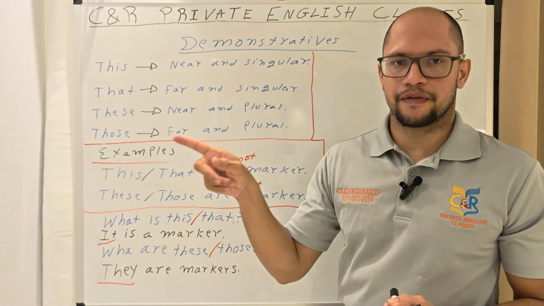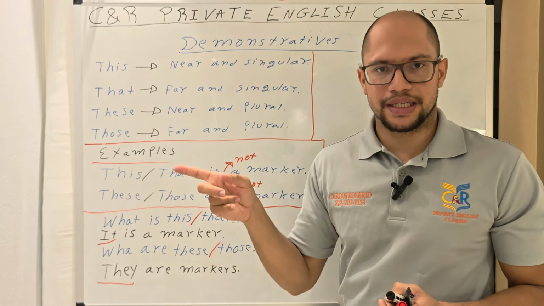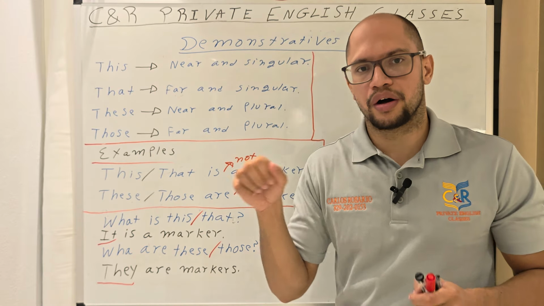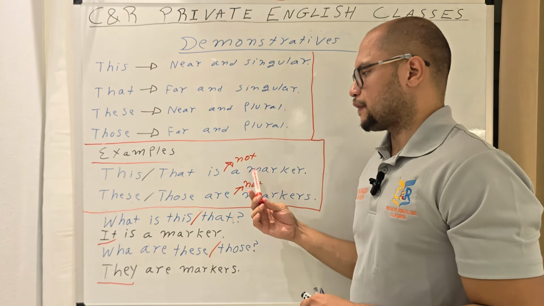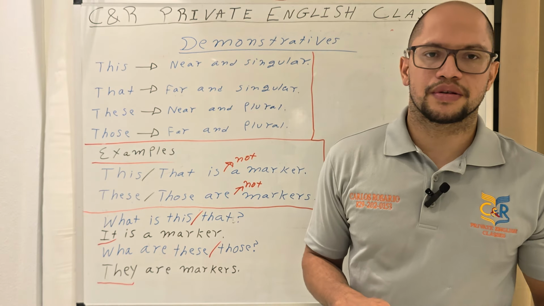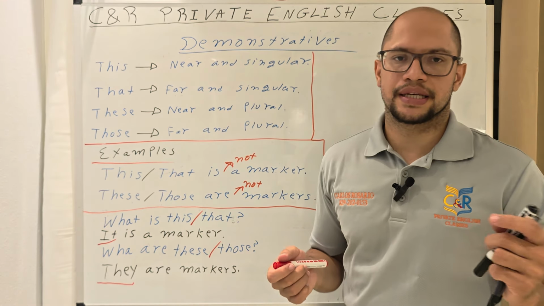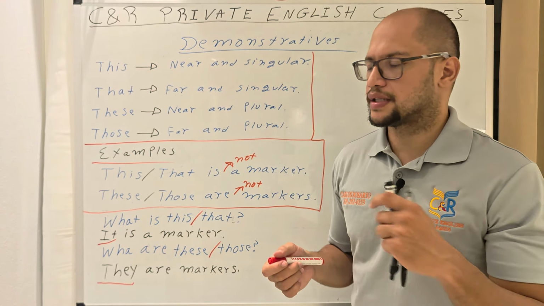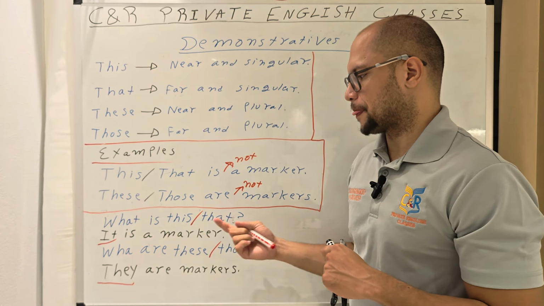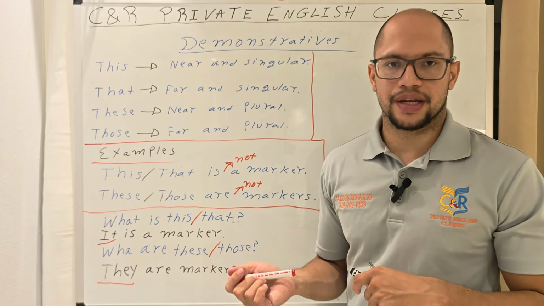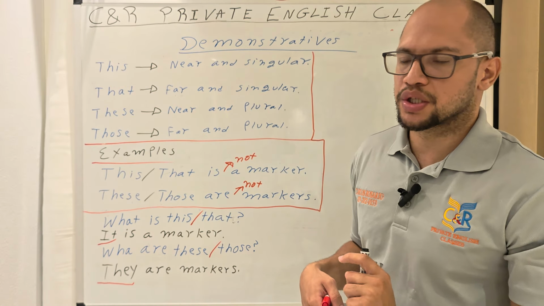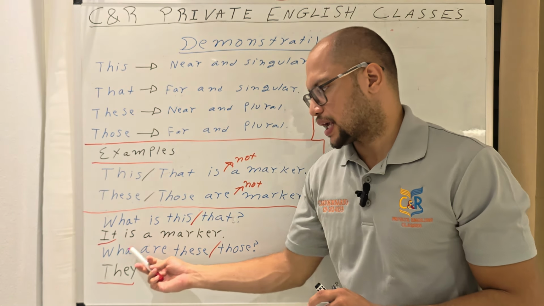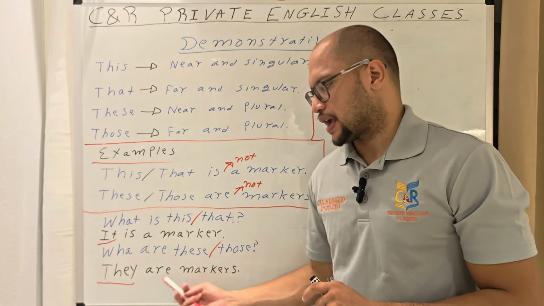That is my friend. That is my teacher. That is my car, etc. Negative, not. Remember that you can use the contraction isn't, aren't. Question, what is this? What is that? What are these? What are those?